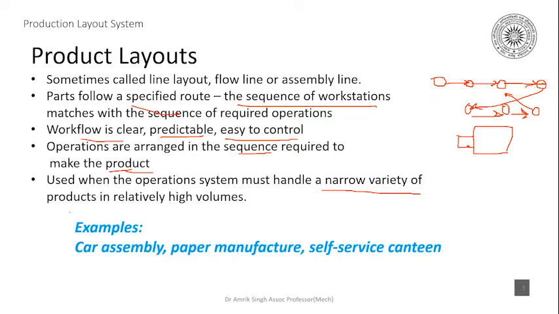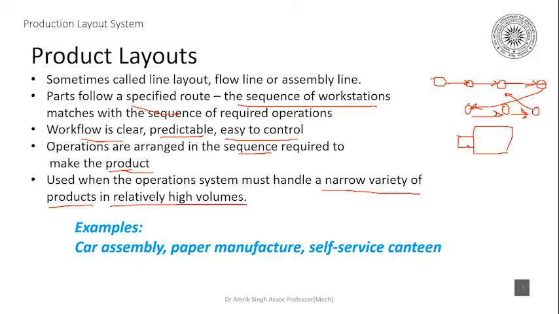Okay. So the machines are laid down as per the product. So that means if the machines are for a car assembly, they are according to the product. In the car assembly or the car type of production system, we cannot make scooters, okay, or we cannot make clothes. So like that. So a narrow variety of the product is there and the volume is high.